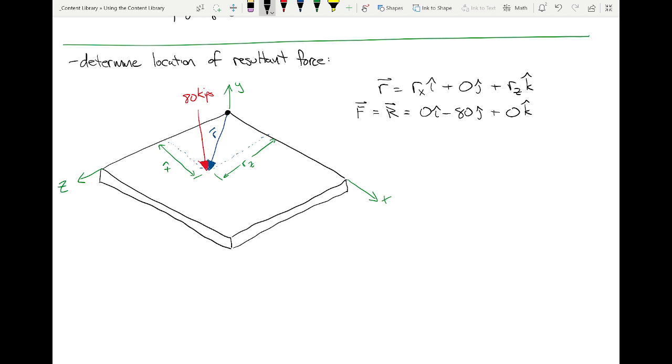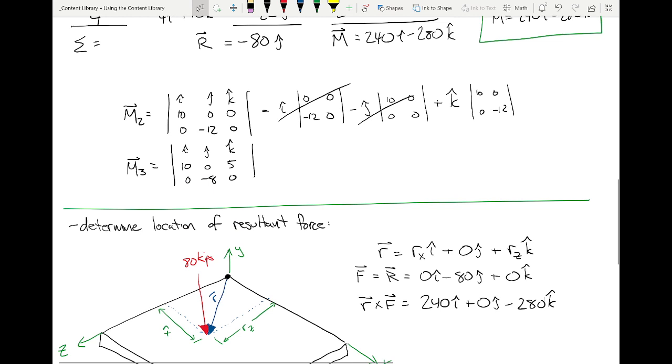And when I do R cross F, it better equal 240I, 0j, minus 280k. And where am I getting that? That's this right here, right? So I propose that this is my position vector, this is my force vector, and when I cross those, I better get this. So the idea is, what does this value and this value need to be such that that is true? Such that that system is equivalent. Does that make sense?